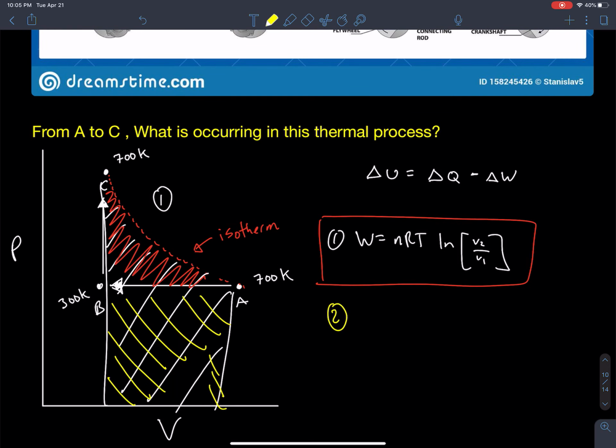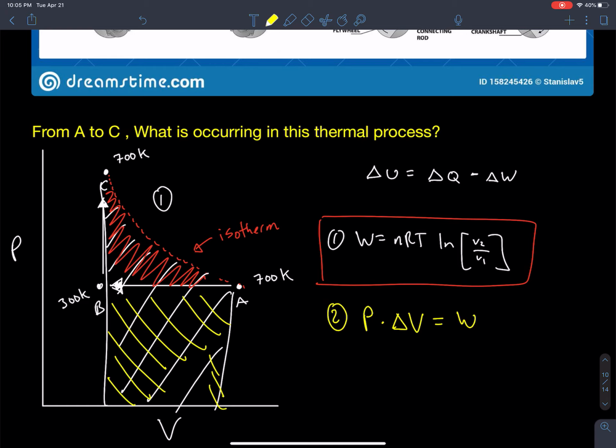That area there is a constant pressure times the change in volume, which is equal to the work done over there. And in that regard, I would be able to subtract one from two and calculate the total energy in here.